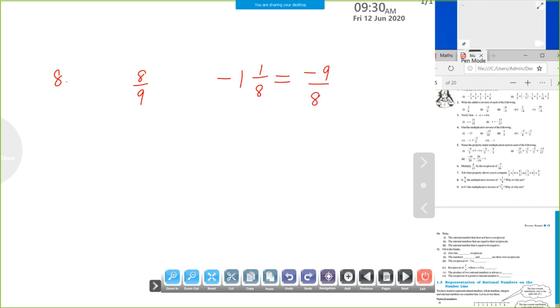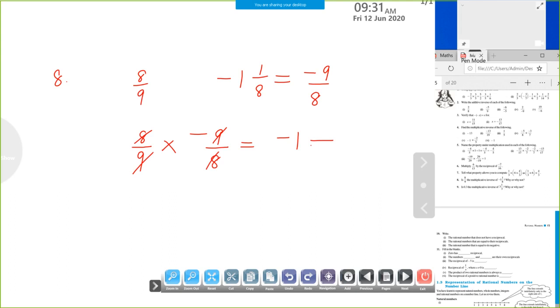Now how do we check whether they are multiplicative inverses? Find the product of the two numbers: 8 by 9 into minus 9 by 8. You can easily find the product is minus 1. That is, 9, 9 cancelled, 8, 8 cancel, we get the answer as minus 1. But when do we say the number is the reciprocal or multiplicative inverse? The product should be equal to 1.